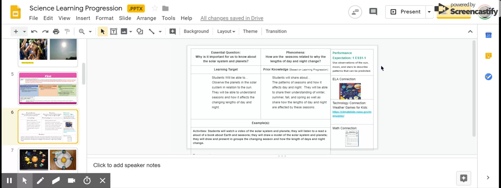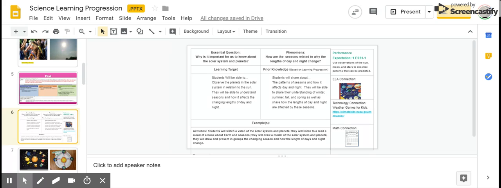So their learning target will be that students will be able to observe the planets in the solar system in relation to the sun, and then they will be able to understand seasons and how it affects the changing length of days and nights.